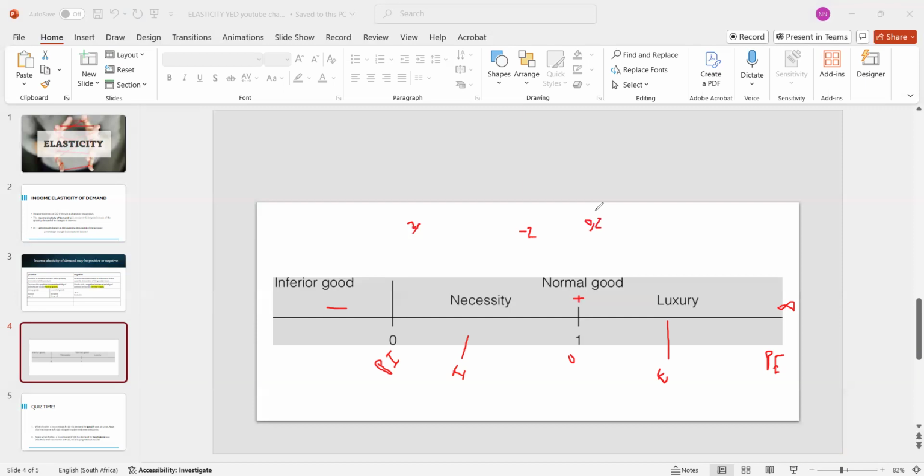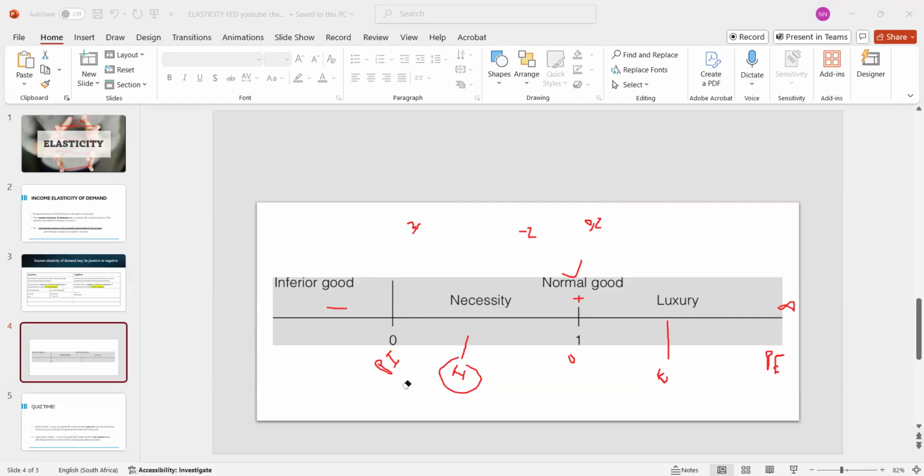This is positive, so already we know it's a normal good. But what type of normal good? Because the income elasticity of demand is between 0 and 1, this tells us that it's a necessity, an essential good, which has an inelastic demand.